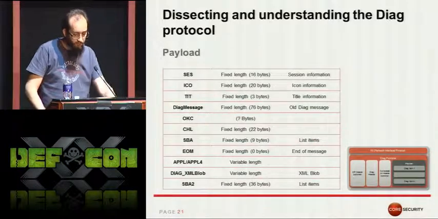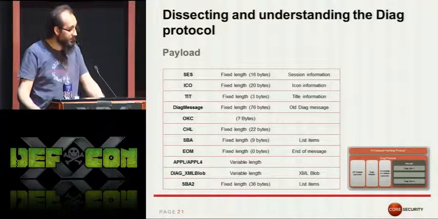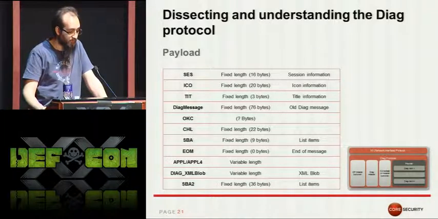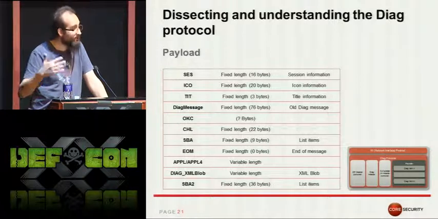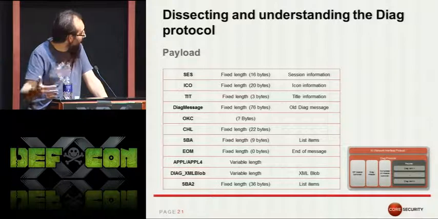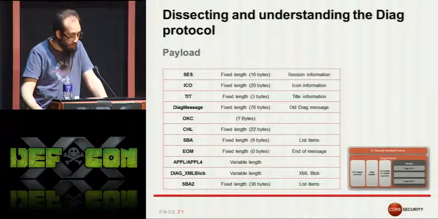So the payload itself, which is the most important part of every packet, is composed of a variable number of items. During my test, I identified these 11 different items.